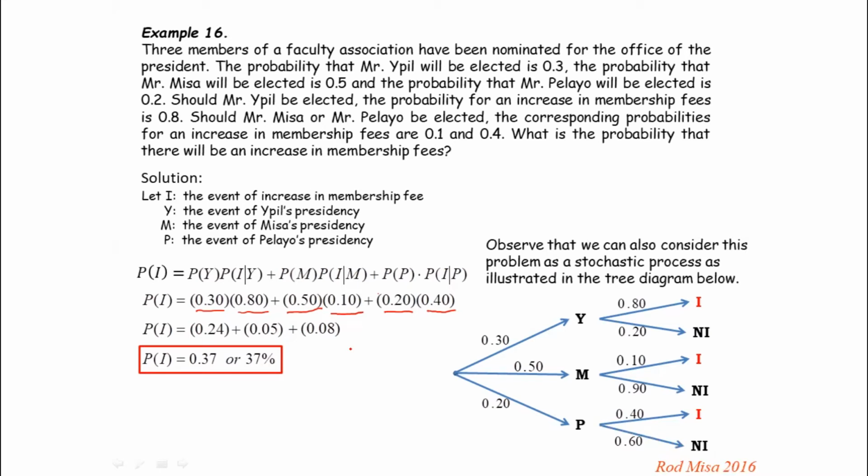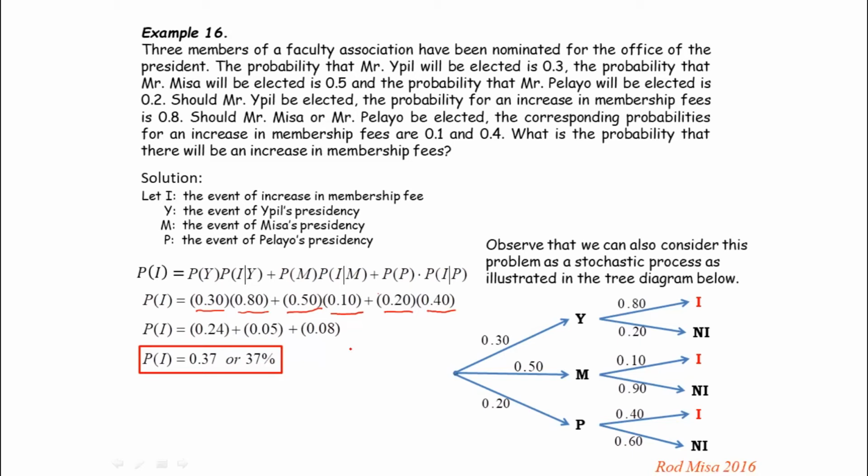So solving for the total probability that there will be an increase in the membership fee is to trace the path for the increase in membership fee. So tracing the first path for the increase in the probability, which is colored red at the end, is the product of 30% and 80%. And this will be added to 50% times 10%.